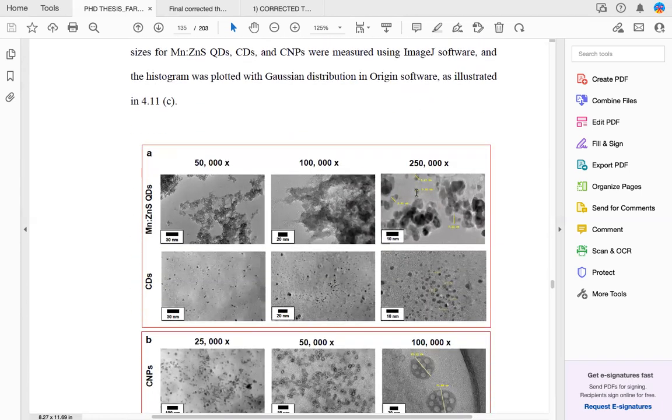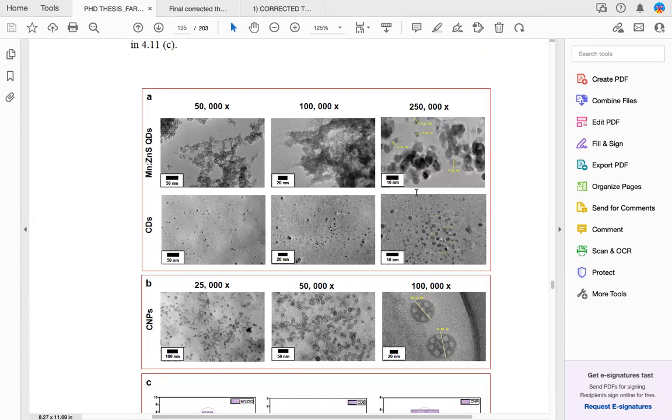When you are discussing morphological analysis, it's very important to give information on the magnification. The magnification must be there if you want to make a comparison, for example of different materials. This is what we call carbon dots from natural resources, and this is quantum dots from manganese-doped zinc sulfide.